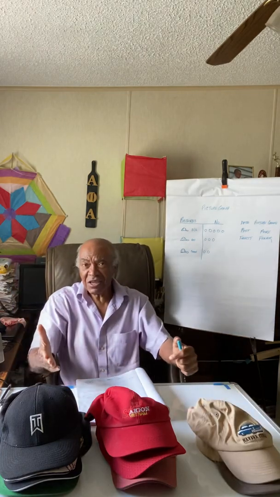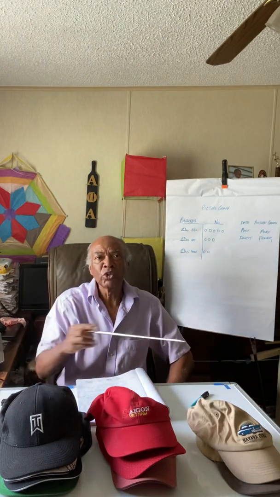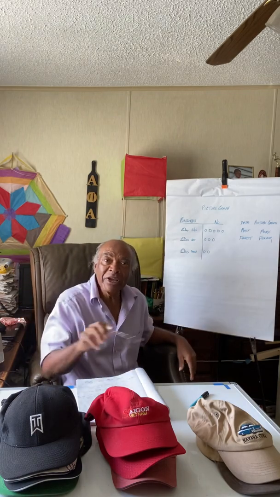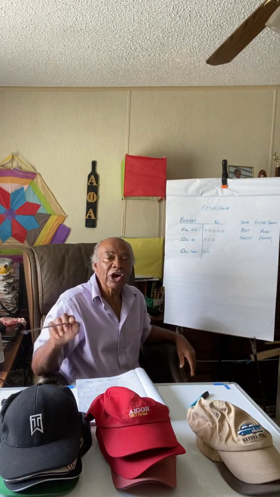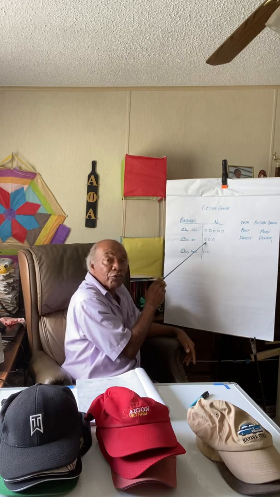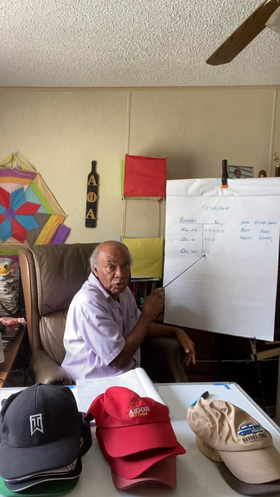So what you see then is we have the data, and we know now on the picture graph how many hats there are. There are what? 5 black ones, 3 red ones, and 2 brown ones.